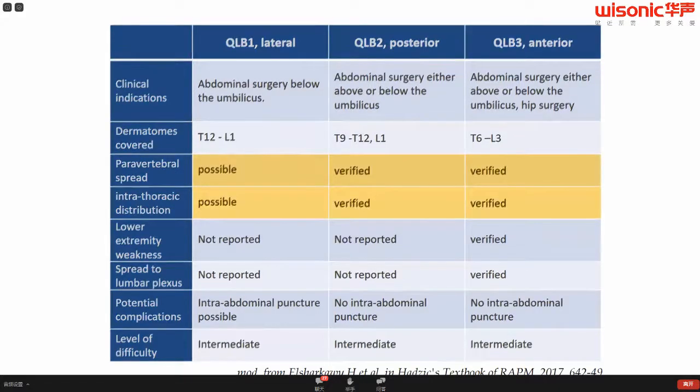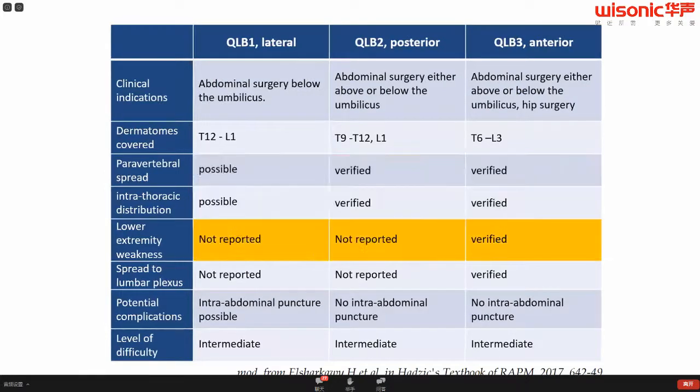The paravertebral space is only reached after a posterior or an anterior quadratus lumborum block, and the lumbar nerves or parts of the lumbar nerves are only blocked after an anterior quadratus lumborum block.